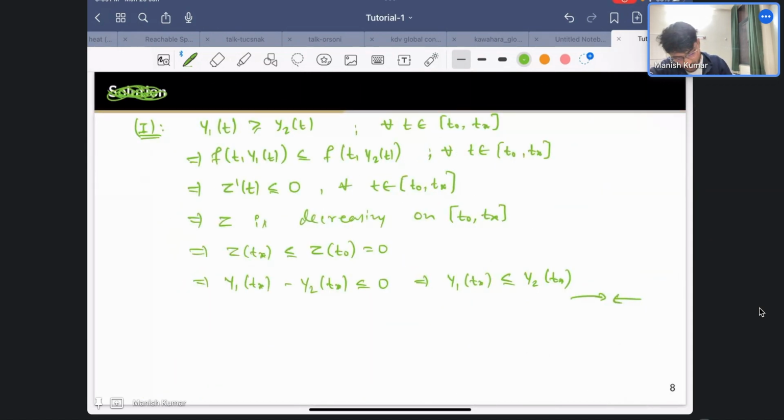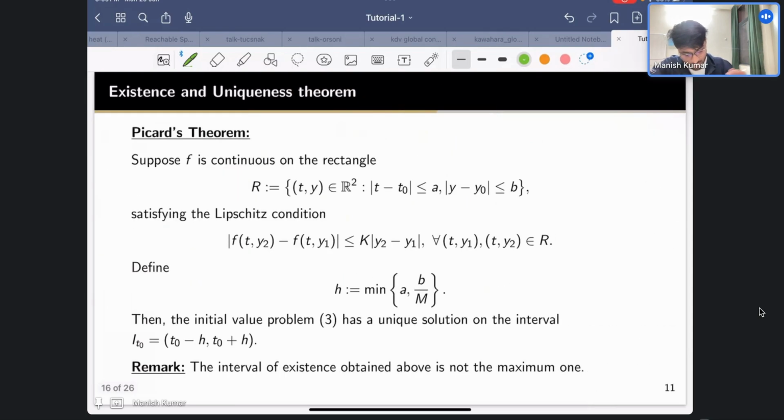Okay. So now let us move to Picard's theorem. The first assumption is the same. You have to consider a domain which is a neighborhood of (t0, y0), this rectangle. The function f should be continuous in this rectangle.